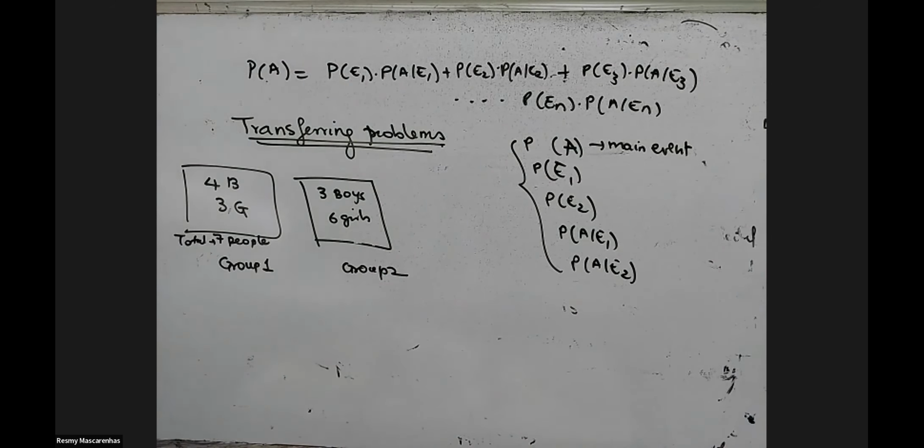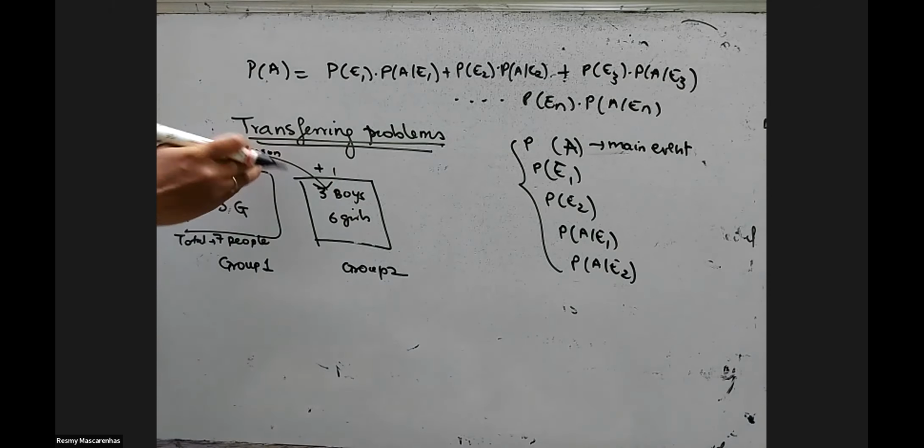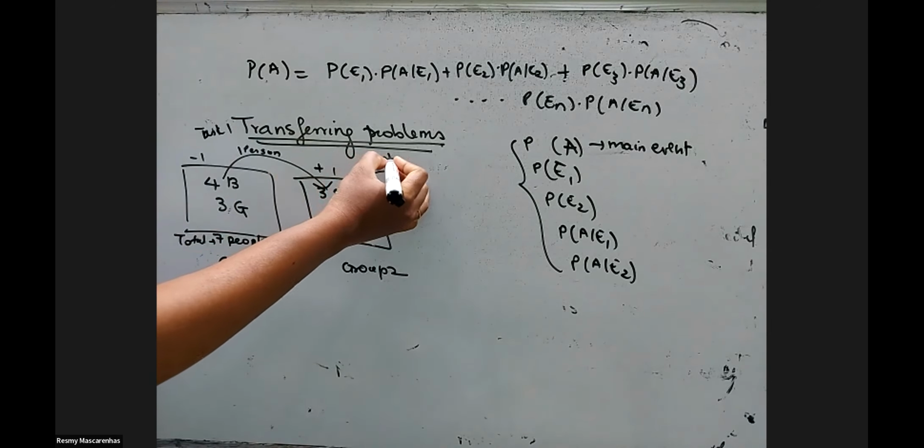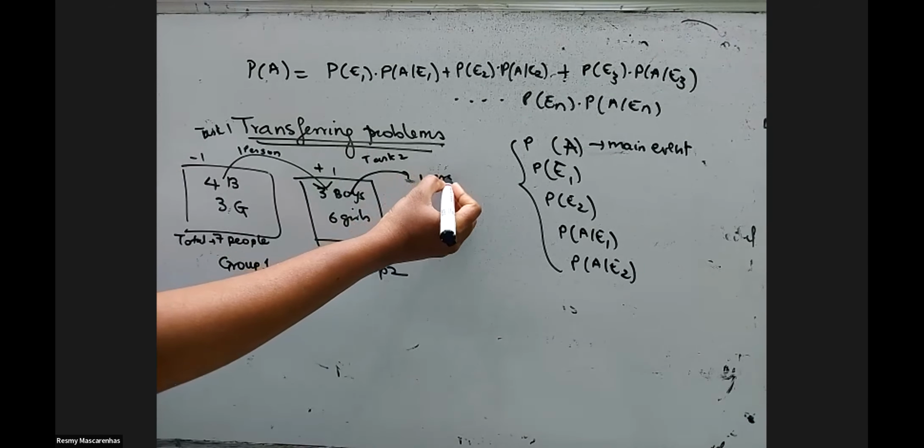Now there are two tasks. The first is that you are transferring one person from here to here. You are removing one from here and adding that person over here. We don't know whether the person picked is a boy or a girl, it depends. Task 2 is that one person is selected at random.